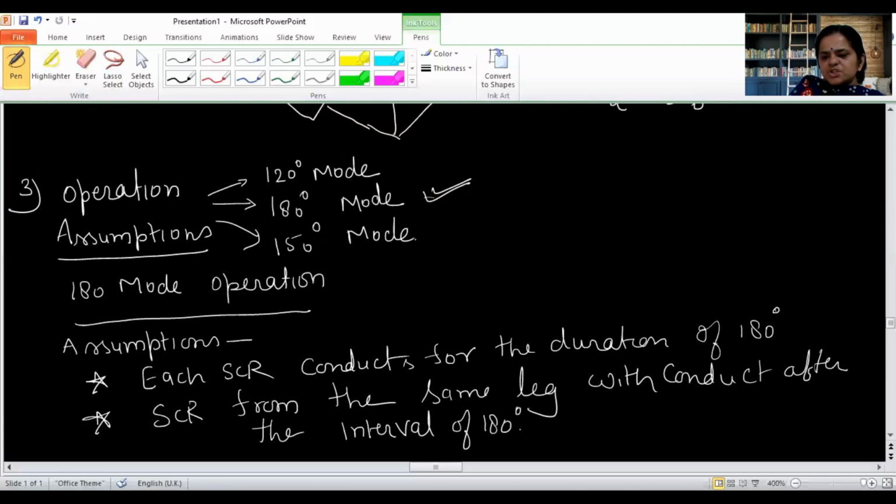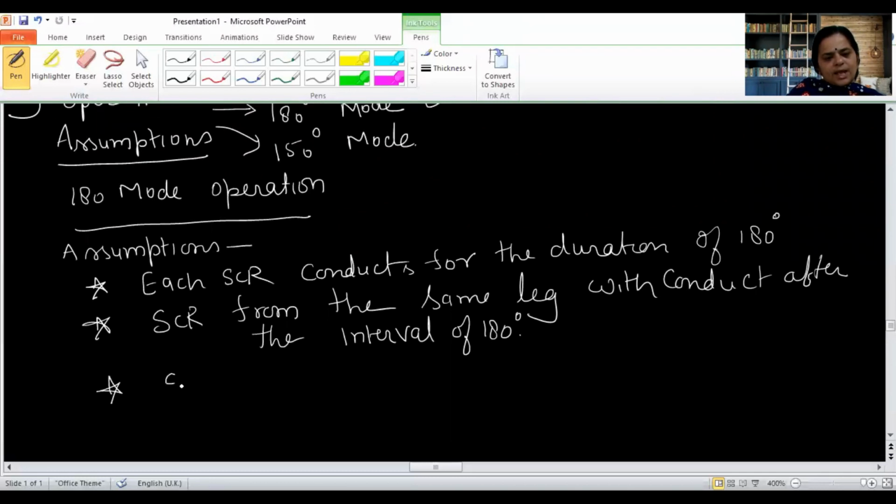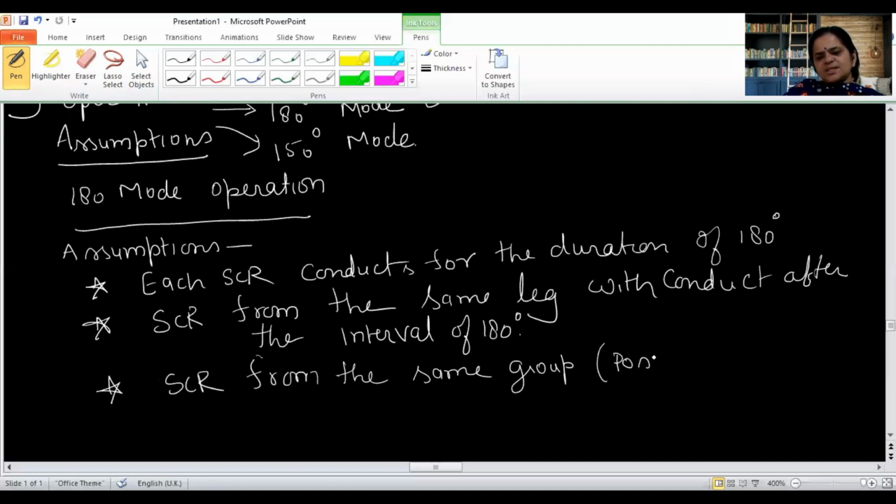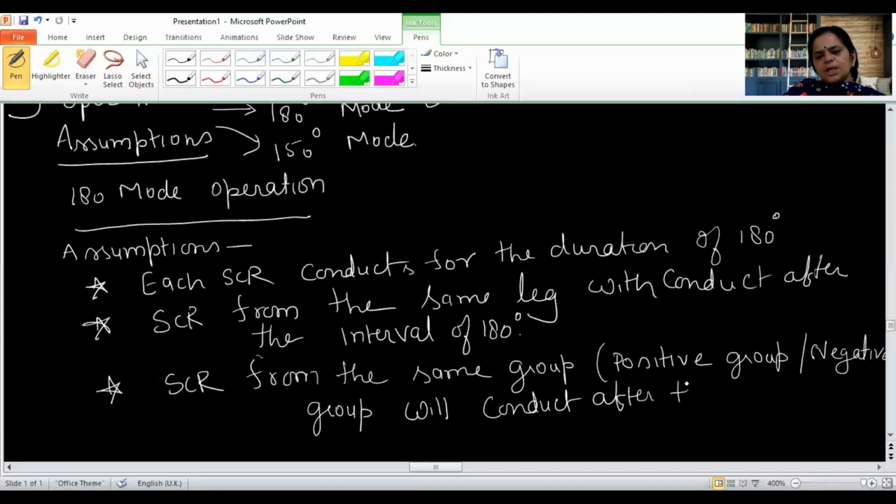And the third assumption that we have is that SCRs from the same group, that is the positive group or negative group, will conduct after an interval of 120 degrees.